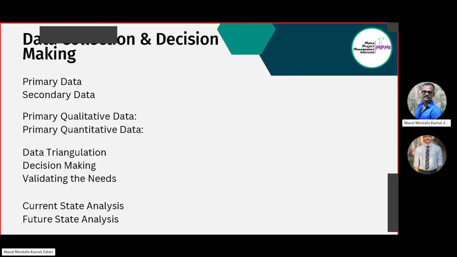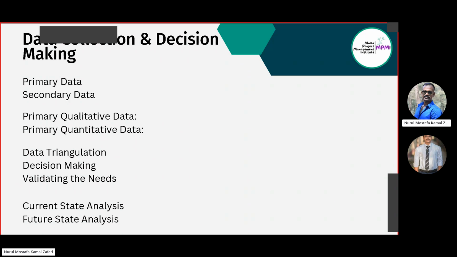Then we can take a decision that the increased incidence of waterborne disease is happening because there is a high presence of fecal waste in the Delta River. And we have to validate data with different references.